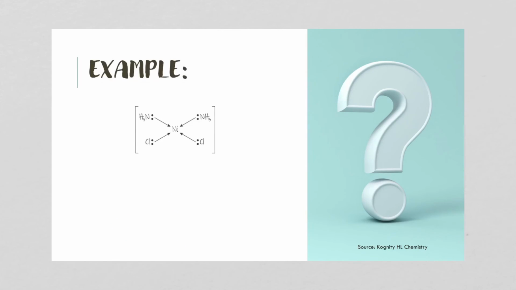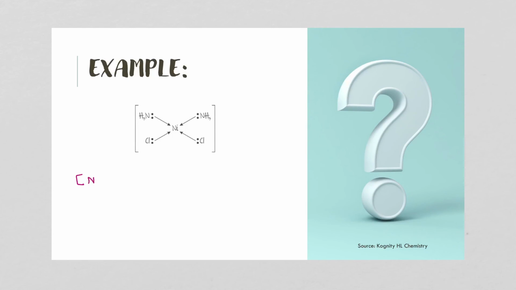In this next example, we have 2 different ligands involved. This changes the shape slightly because of the nature of the 2 ligands. Instead of being tetrahedral, it will be square planar. This time we write the ion as nickel, and then we have 1 ligand that's ammonia, and there are 2 of those, and another ligand that's chloride, and there are 2 of those, with no overall charge.